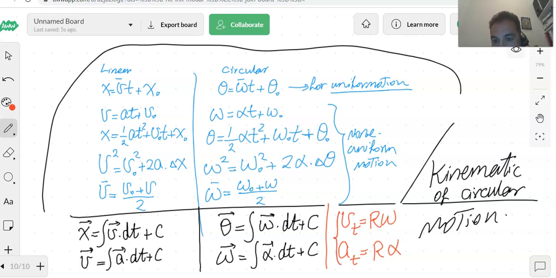You see this? Who is making the relationship between tangent velocity, the velocity on the circle, and velocity at the center, the radius? Who is making the relationship between acceleration on the circle and acceleration at the center, the radius? So v_t equals r omega, a_t equals r alpha. Okay.